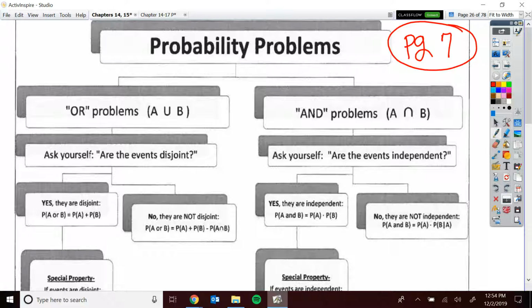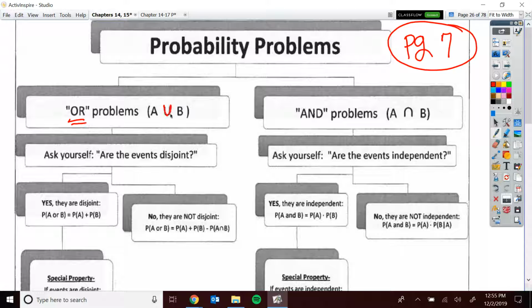So do you remember when we would have problems where it would say something like, what's the probability that the car is American or German made? Okay, so if it's American or German made, what would we do with those probabilities? We would just add them together, okay? So that was the simple or problems that we experienced before Thanksgiving.